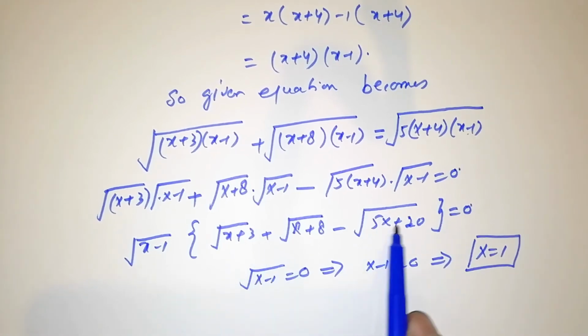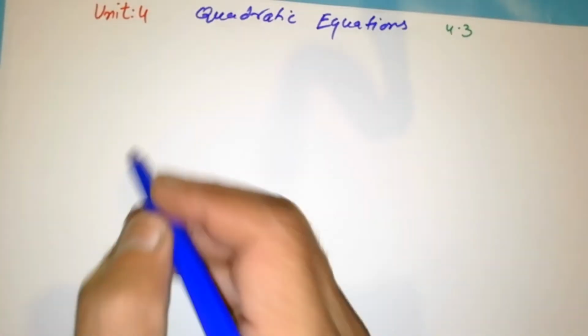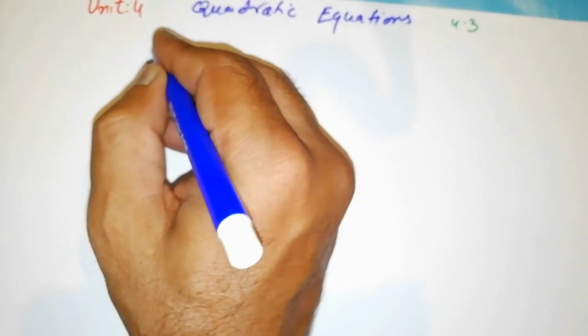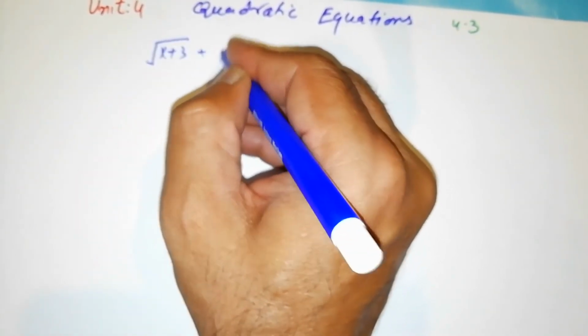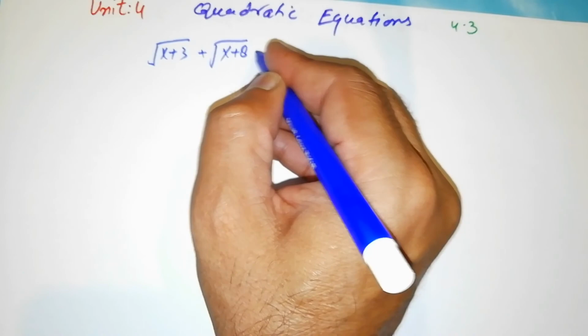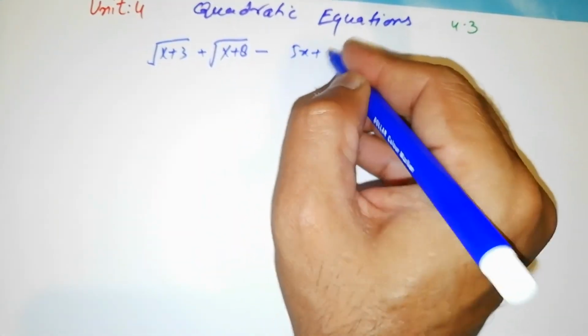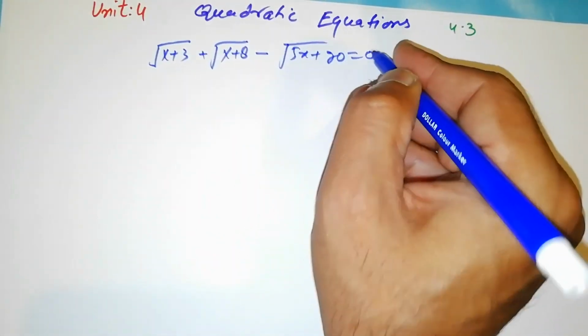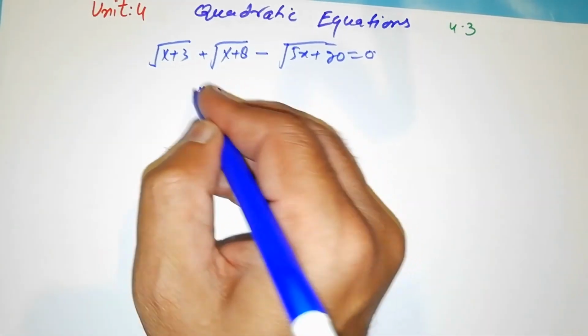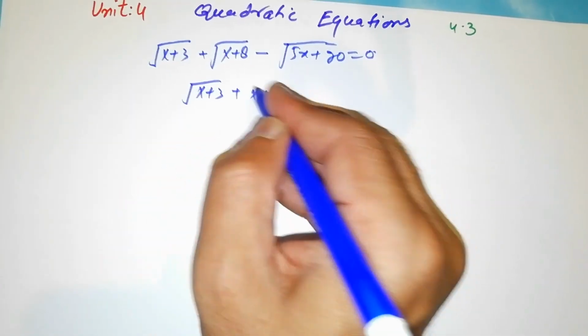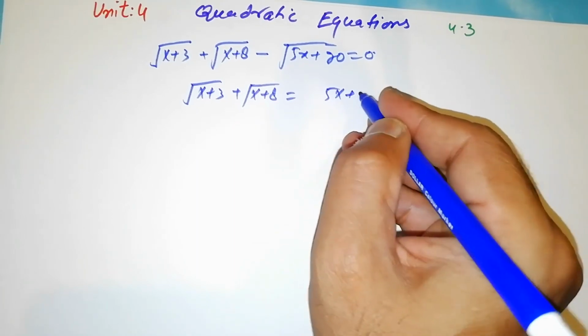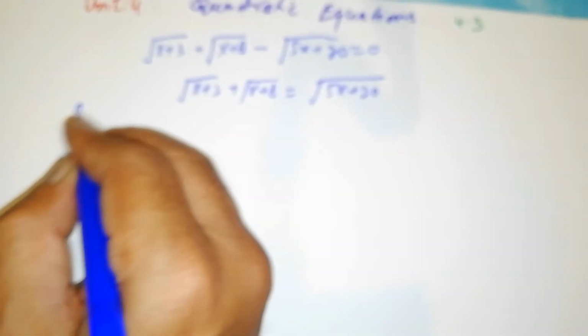Now these three radical terms having linear factors, we try to solve that one. So we have √(x + 3) + √(x + 8) − 5√(x + 4) = 0, which can be written as √(x + 3) + √(x + 8) = 5√(x + 4), squaring.